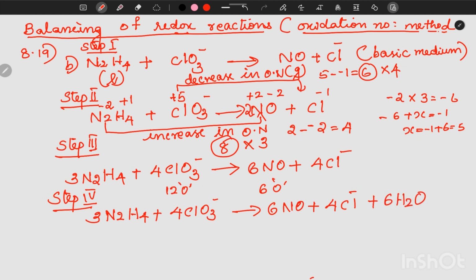Next step is balancing of hydrogen atoms. But in this equation, hydrogen atoms are already balanced. We have 12 hydrogen atoms on the left hand side and 12 on the right hand side. The charge is 4 minus on the left side and 4 minus on the right hand side. So overall the equation is balanced.